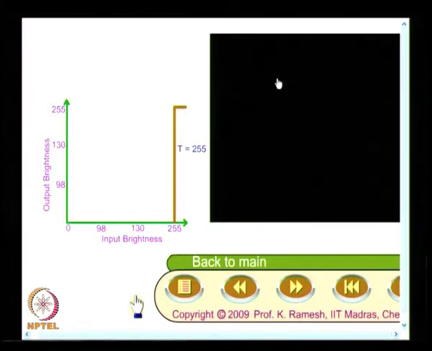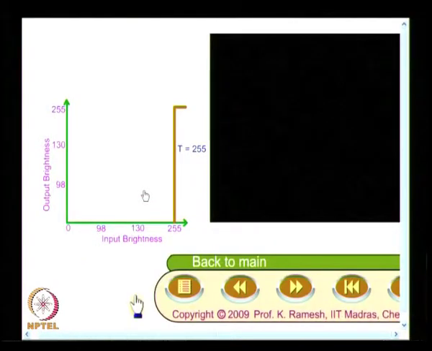That is why you see this as a black picture, because the image has 0 as pitch black and 255 as white. Now, if I make all the pixels black, I will not see the picture at all.